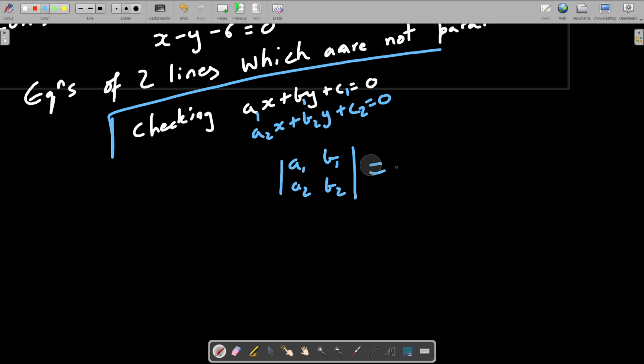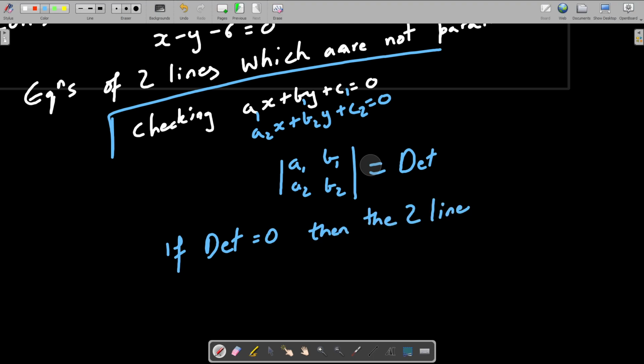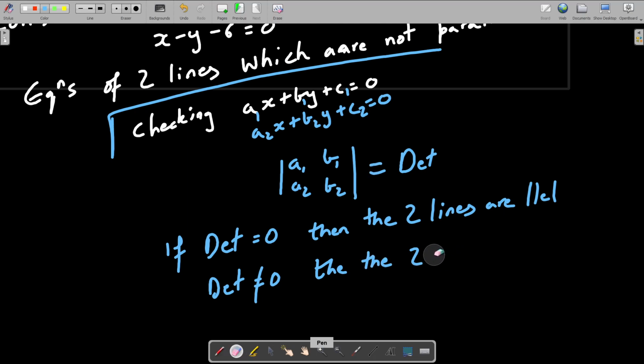We'll call this capital D, determinant. So if determinant is equal to 0, then the two lines are parallel. If determinant is not equal to 0, then the two lines are not parallel.